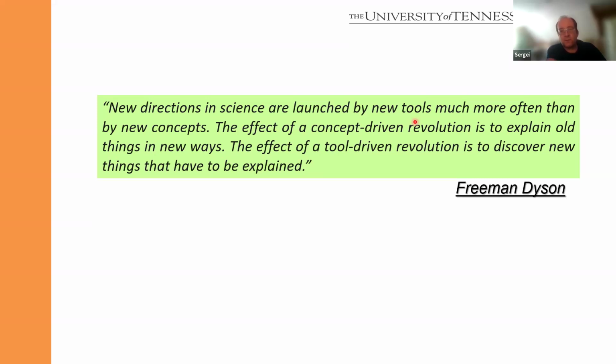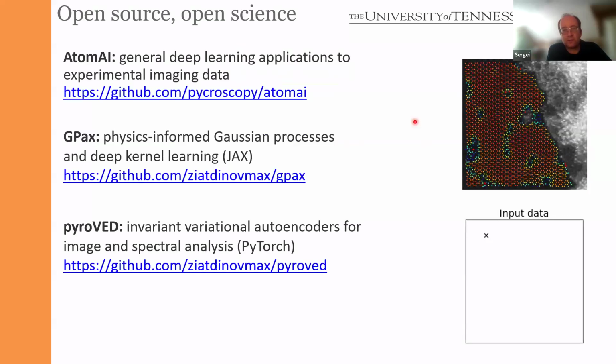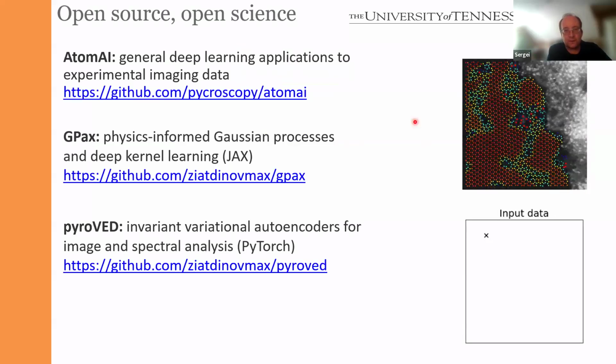The effect of a concept-driven revolution is to explain all things in new ways, like quantum theory. But the effect of a tool-driven revolution is to discover new things that have to be explained. And tool-driven revolutions are much more common. So I think that we are now at the point when these new machine learning tools are added to our domain, and they're going to make all the difference in the world.